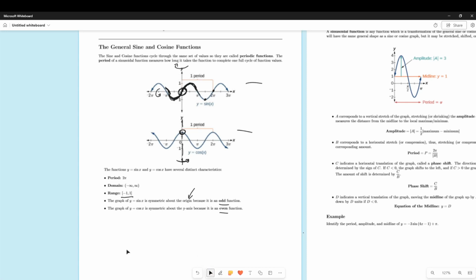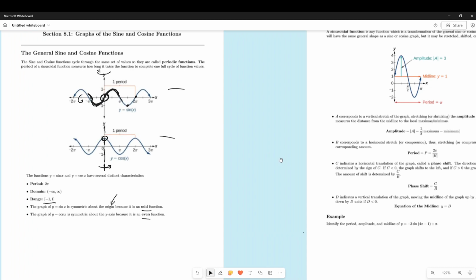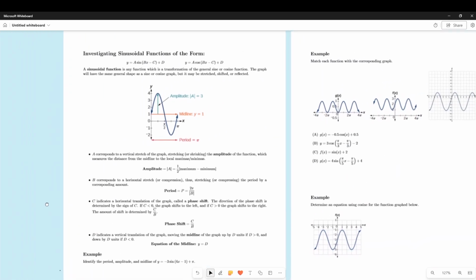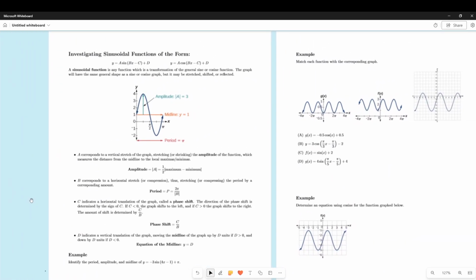So the things that we will look at as we modify these functions are primarily these four pieces. We're going to look at coefficients out in front, coefficients being multiplied by the trig functions, constant terms being added after the functions or outside the functions, and then coefficients and terms happening inside the functions.